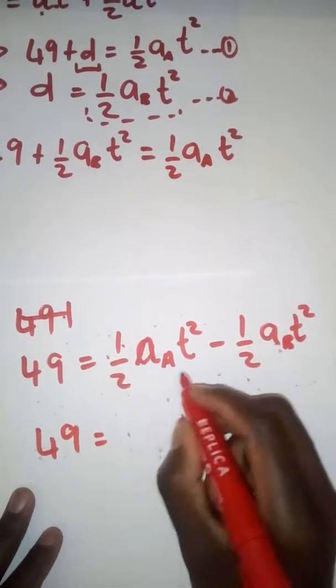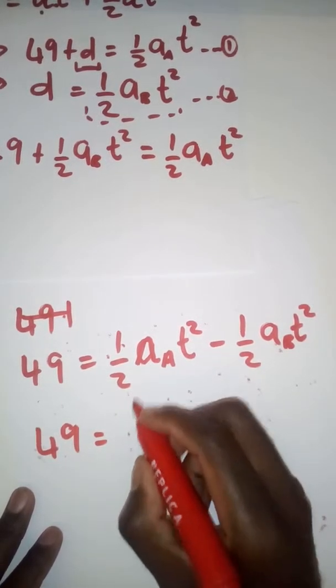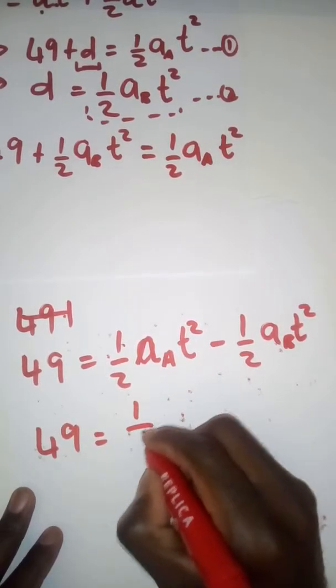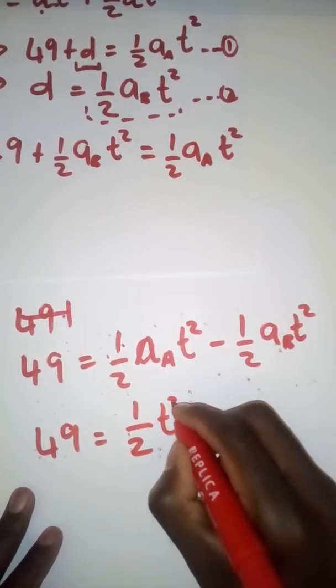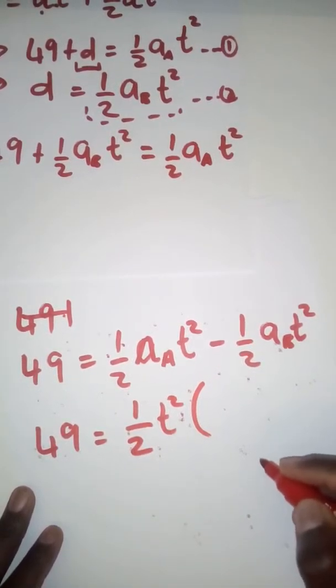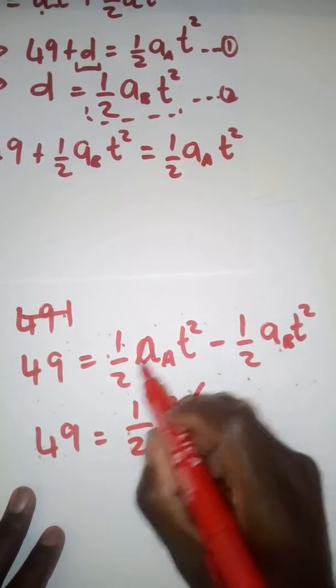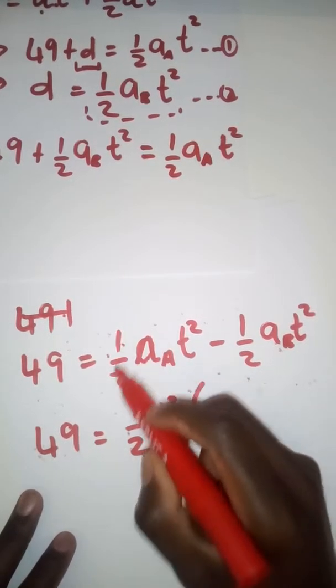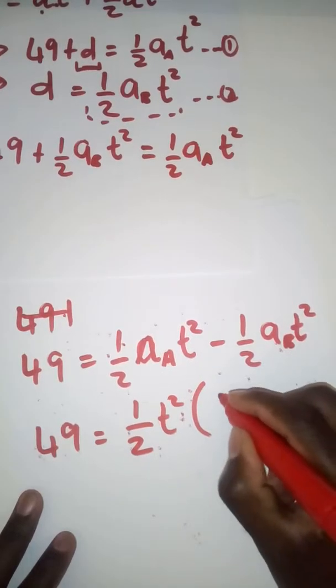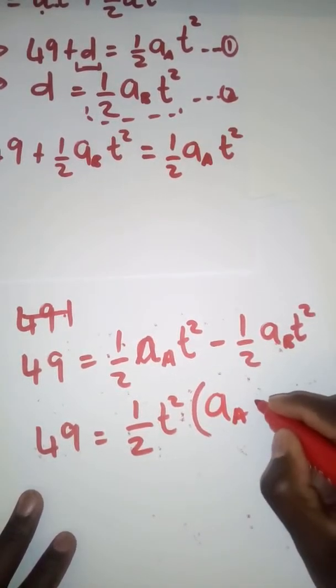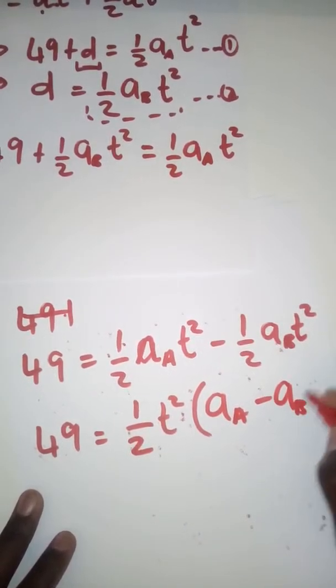Now let's factor out the common factor, 1 over 2 t squared. Now we'll have a_A minus a_B.